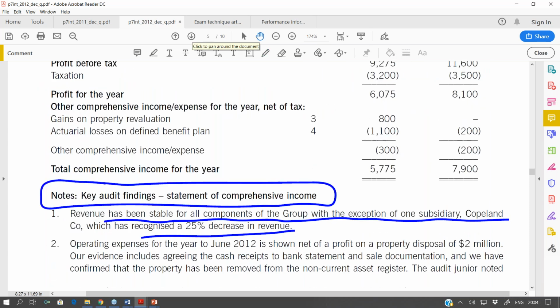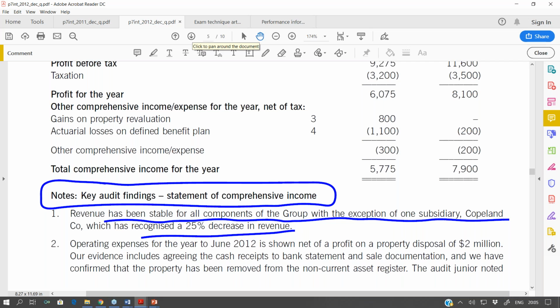Now, what is the examiner telling us? Examiner is saying revenue has been stable for all components of the group, with the exception of Coupland, where the revenue has gone down by 25%. One of the subsidiary's revenue has gone down by 25%. That does not mean the group revenue will go down by 25%, right? Because the subsidiary is small and the group is big. But do you believe there is a risk in revenue, that revenue is overstated?